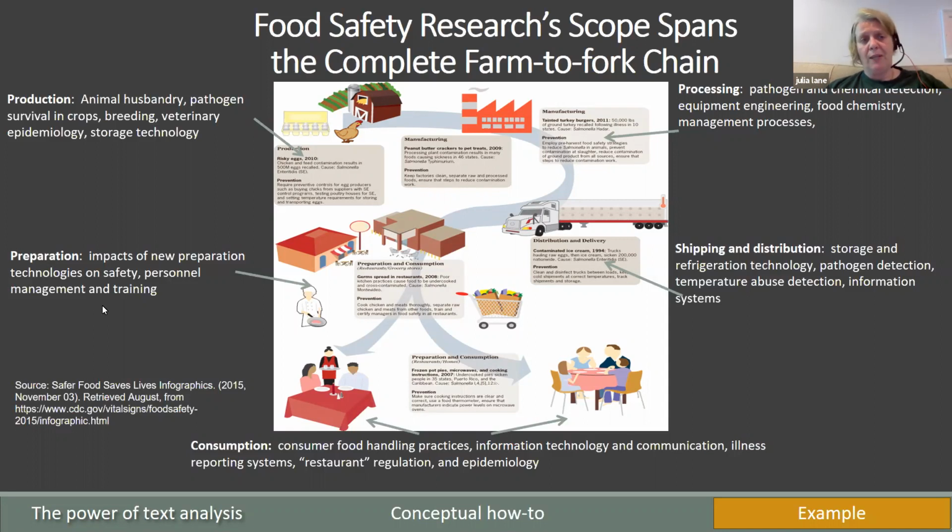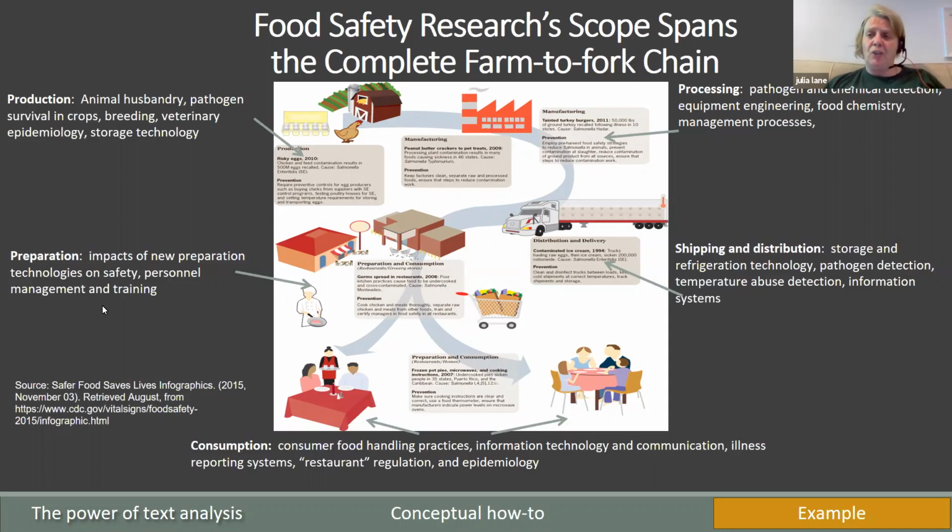The case of food safety goes all the way through the spectrum: production of food, the preparation of food, in cans for example, processing, shipping, consumption, the way in which you prepare food to go to the table in restaurants.